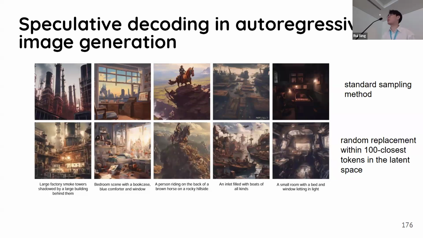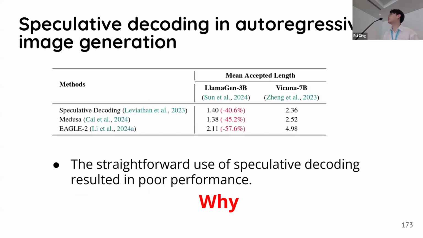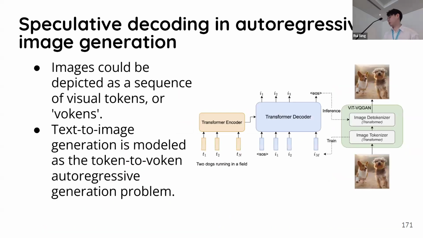Actually it's reasonable, right? Because if we just have a slight change in the latent space, after the processing of the image decoder, the outcome will not be affected very much.